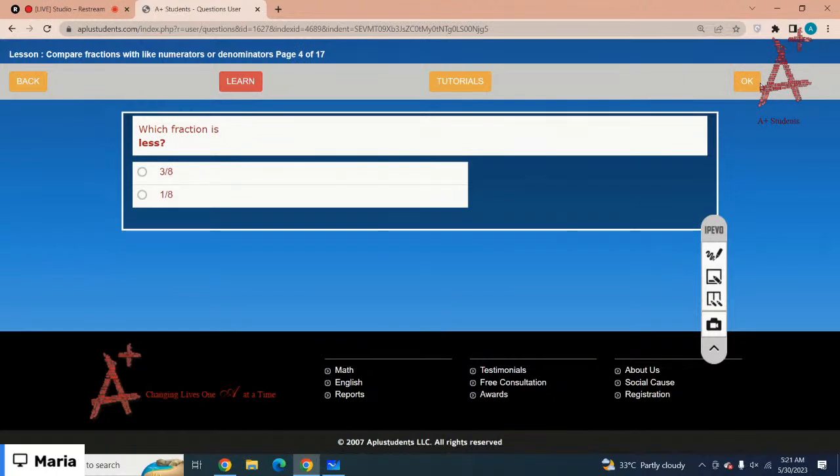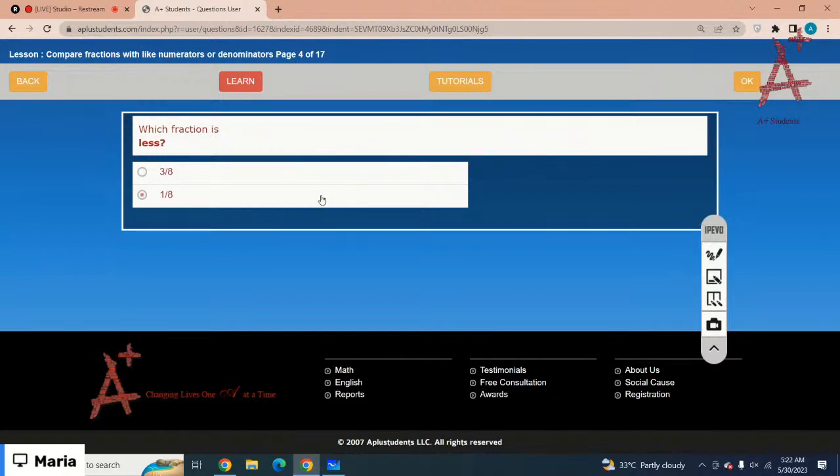Okay, which fraction is less? 3 out of 8, 1 out of 8. Yes, 1 over 8 is less than 3 over 8.